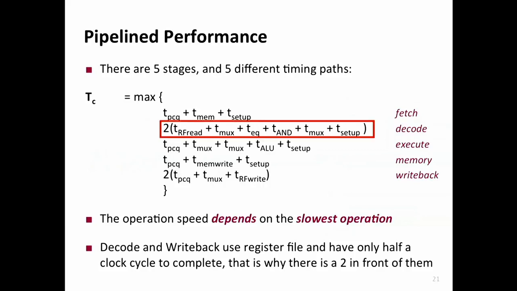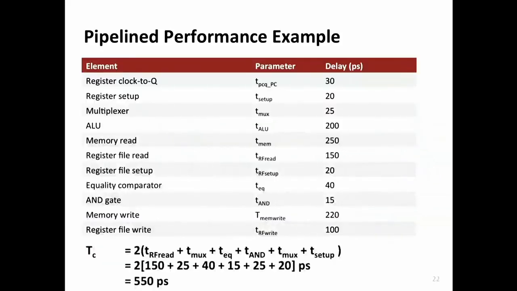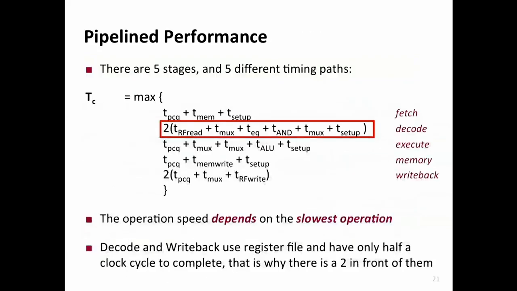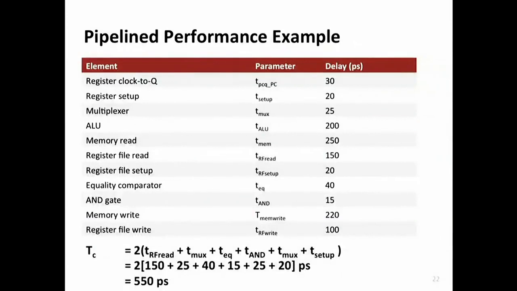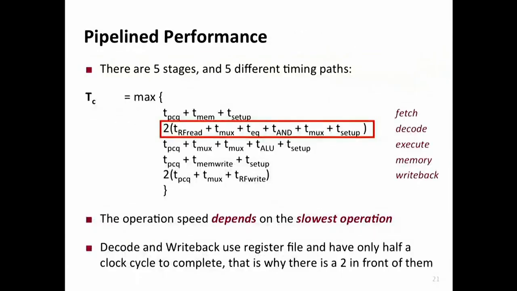If you look at this equation over here, decode stage is actually very long. Why is it very long? Because I know the next slide. Next slide gives you the latencies of these different numbers over here. Of course, this depends on your design. But assuming these latencies, it turns out your critical path goes through the decode stage, which means that you have a really bad design. If you have a decode stage as your critical path in your pipeline, you should rethink your pipeline.